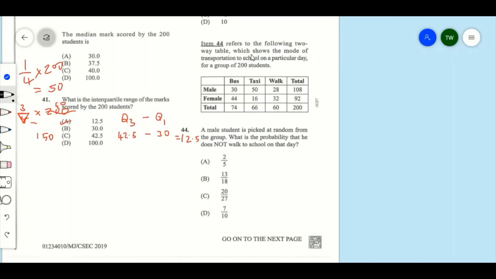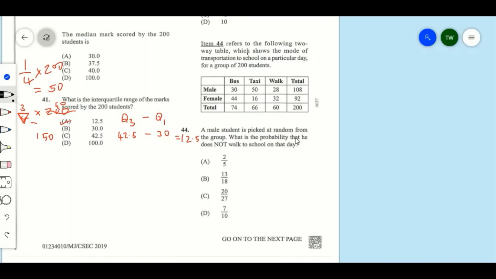Item 44 refers to the following two-way table, which shows the mode of transportation to school on a particular day for a group of 200 students. And here we have bus, taxi, walk, total, and we have male, female, and total here. Now 44. A male student is picked at random from the group.